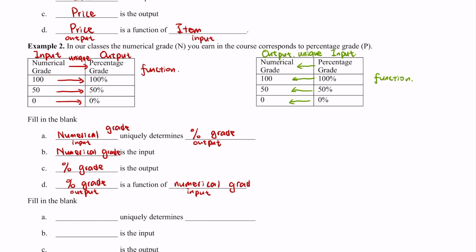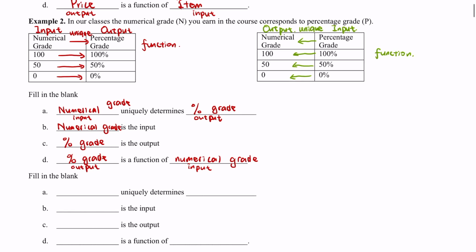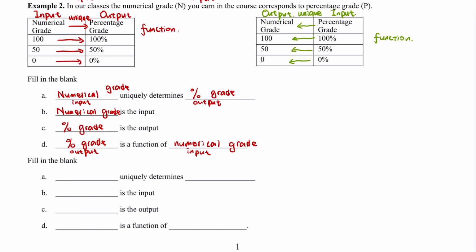Okay, so that's based on the first table, from numerical to percentage, that's unique. And because the opposite direction is also unique, I can also use the second table to complete the blank. In the second table, the input is the percentage grade, and the output is the numerical grade.